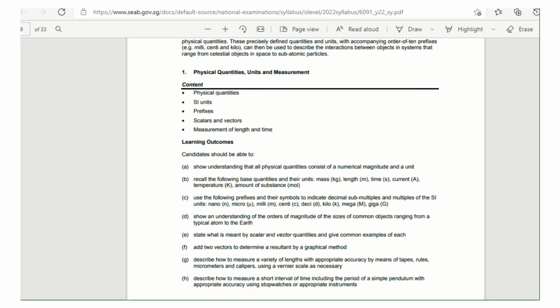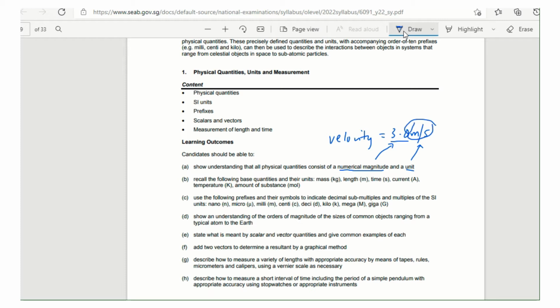Let me give you an example. If I'm going to find velocity, and I know that the velocity is 3.0, I need to write both the magnitude, which is this number here, as well as the units, which in this case for velocity will be meter per second.